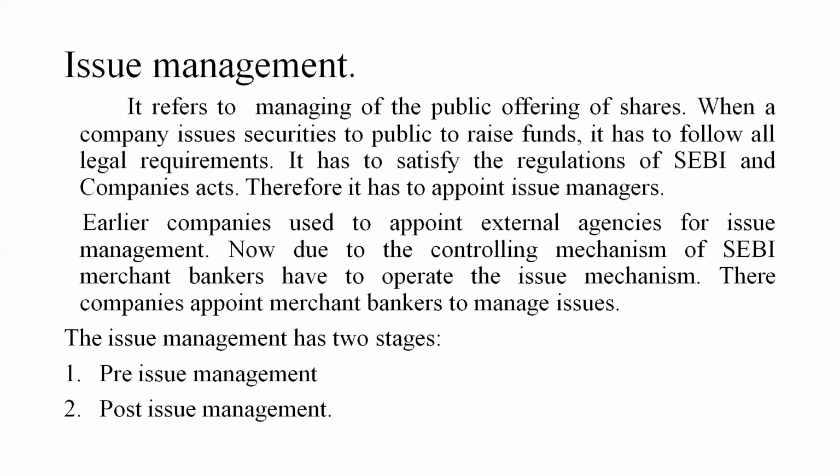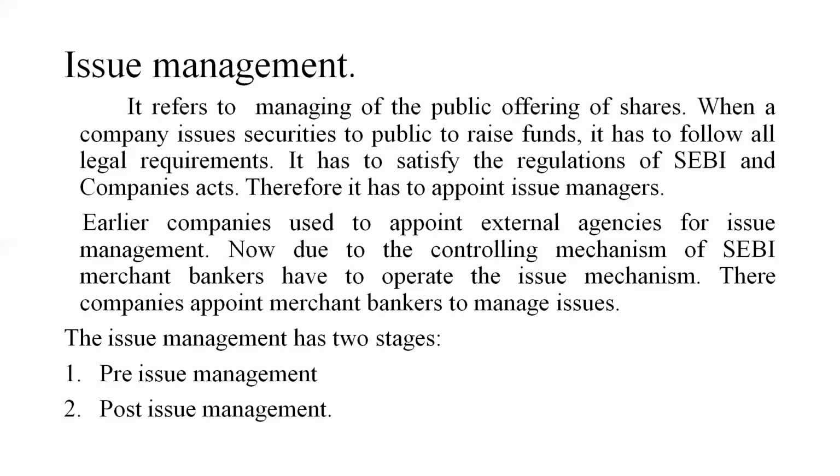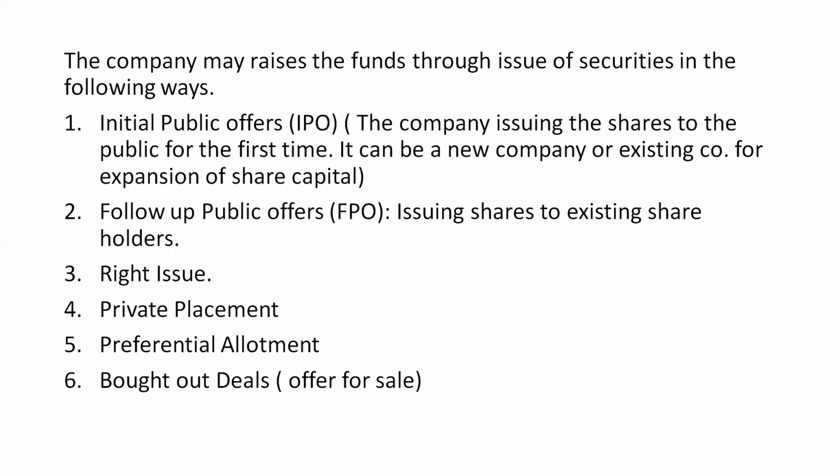Now, due to the controlling mechanism of SEBI, merchant bankers have to operate the issue mechanism. Therefore, companies appoint merchant bankers to manage the issue. Issue management has two stages: the pre-issue stage and the post-issue stage. We will discuss these in detail after understanding the issue mechanism of the company.